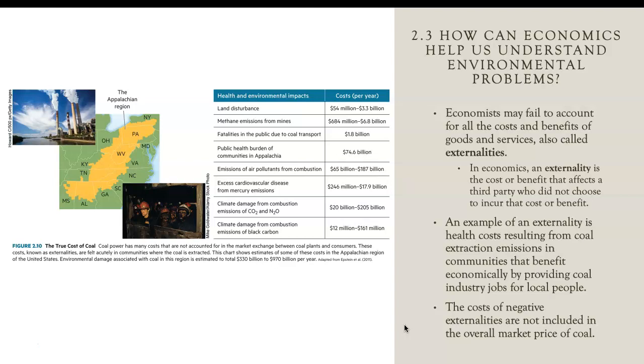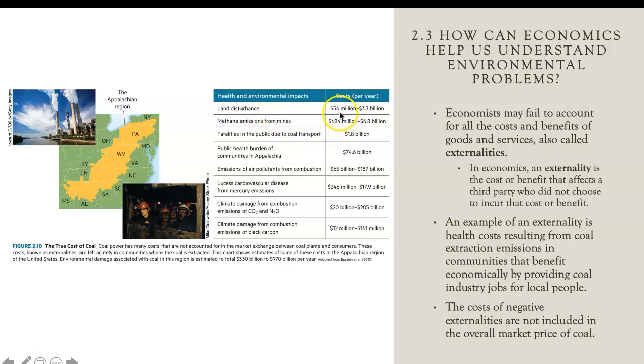One example is coal mining. When they plan to do the coal mining, they only calculate how much coal will be extracted and sold, and how much profit will be made. And the costs in this table here were not brought up on the table. For example, land disturbance, we don't have a mountaintop anymore.